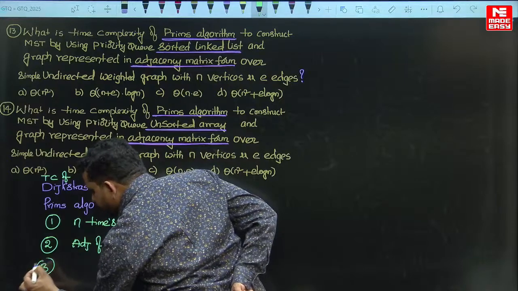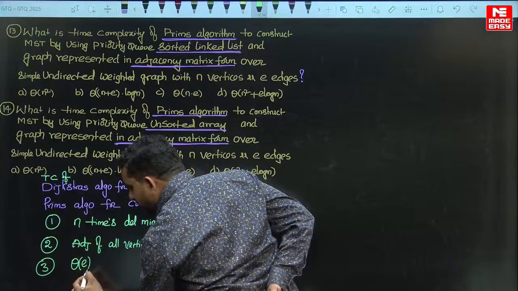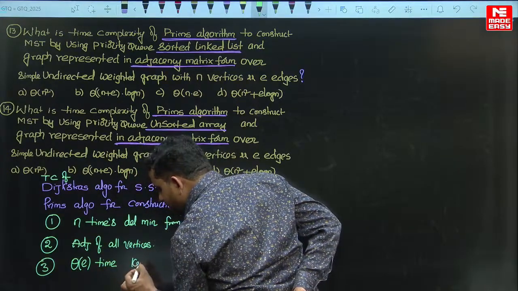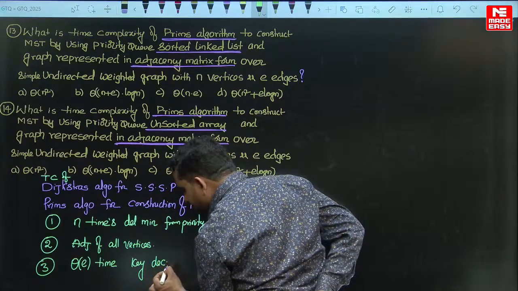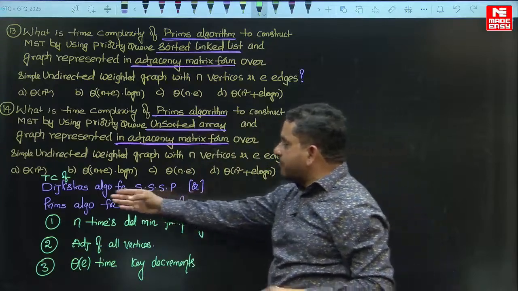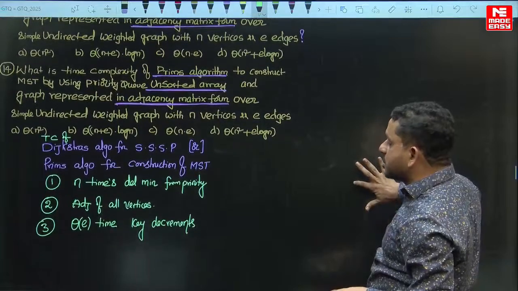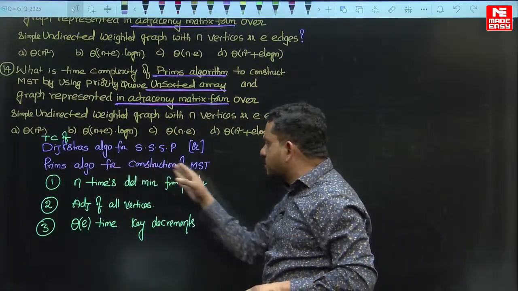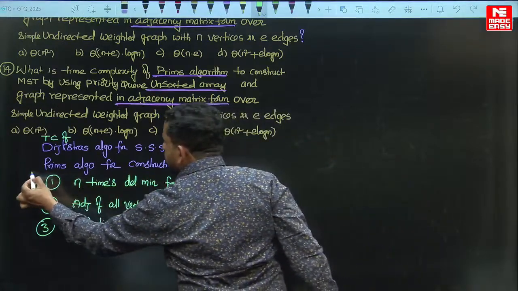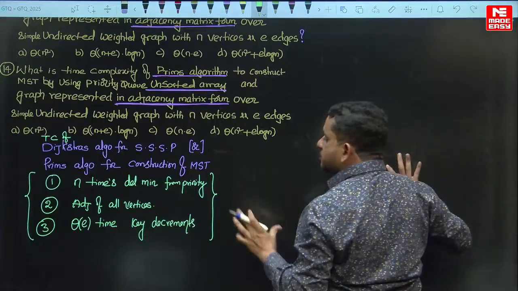And third cost, sum of degrees means order of e times key decrement. So these are the main operations required for Dijkstra's algorithm for single source shortest path, as well as Prim's algorithm for construction of MST.